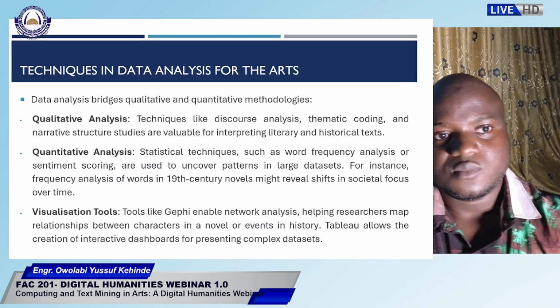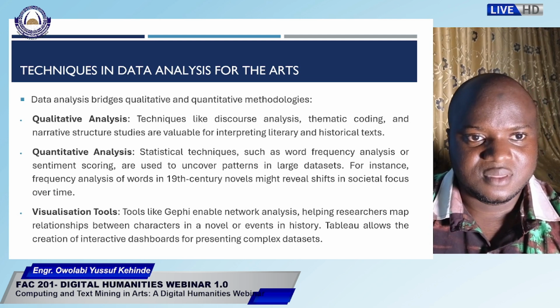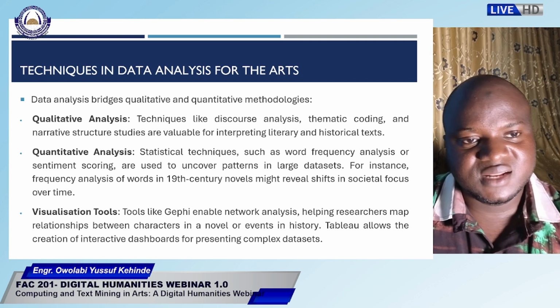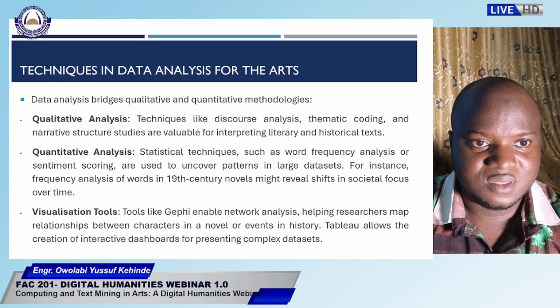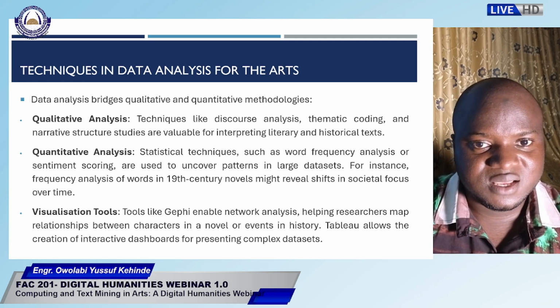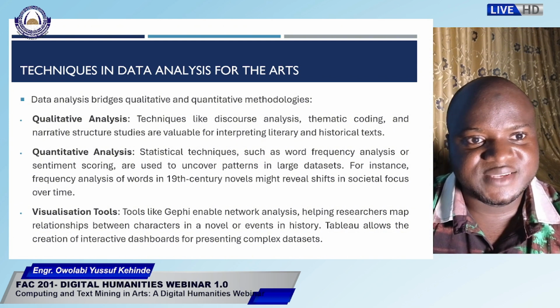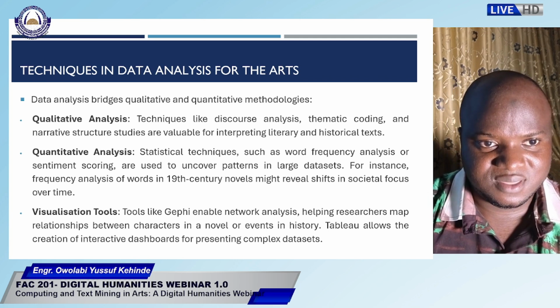Now, what are the techniques in data analysis for the arts? Data analysis bridges qualitative and quantitative methodologies. Qualitative analysis: techniques like discourse analysis, thematic coding, and narrative structure studies are valuable for interpreting literary and historical texts.